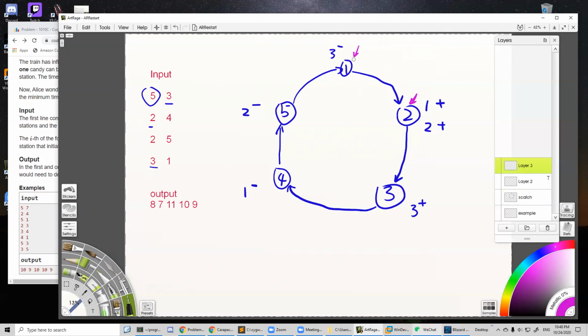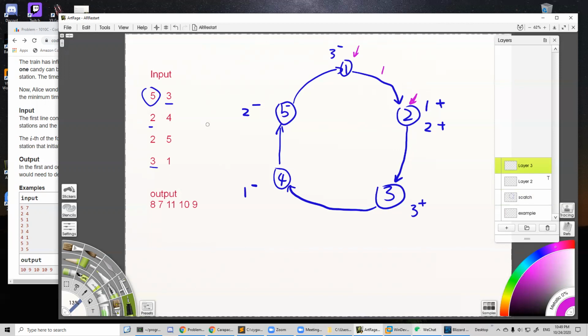So if we move the train from 1 to 2, that's a 1 second cost. And it doesn't cost any time to load and unload those candies. So essentially, we need to calculate the minimal distance the train has to cover to move all those candies to the right place.